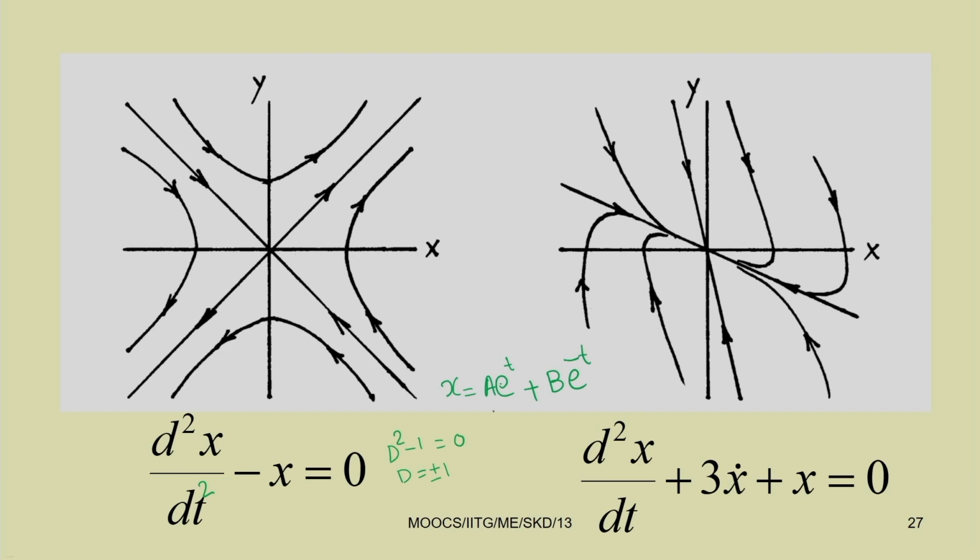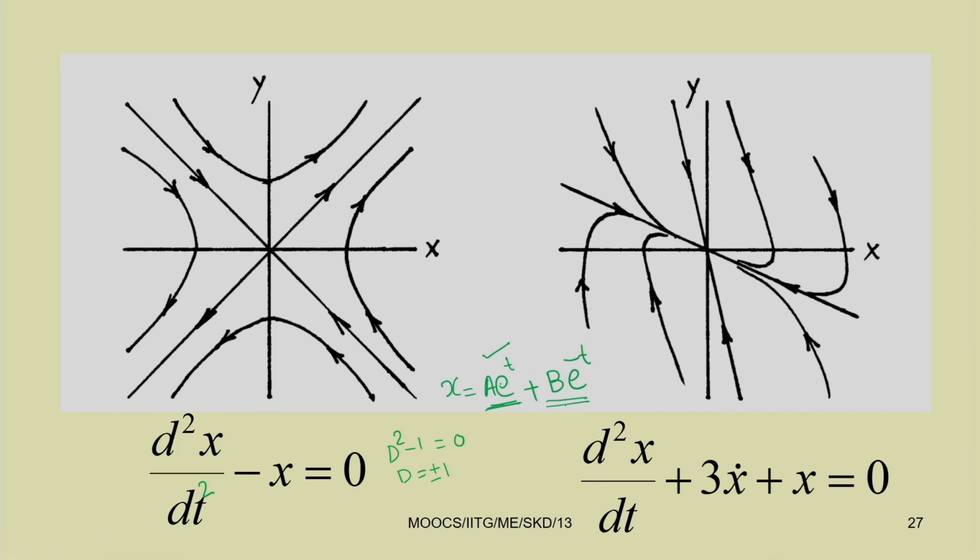Due to the presence of this e to the power plus t, the response amplitude will grow with time. This part will reduce it, but this part will increase it. If you plot x versus x dot in this case, you can find the response to be like this. It will exponentially grow.